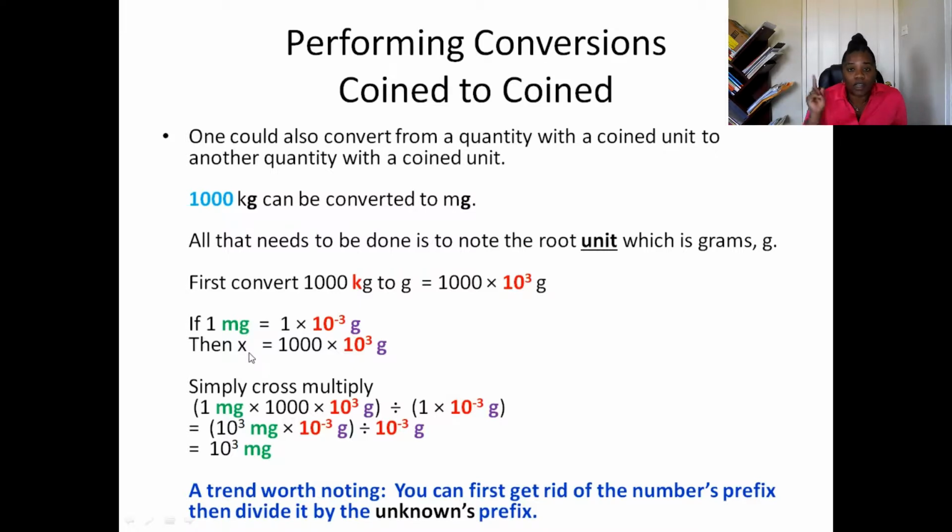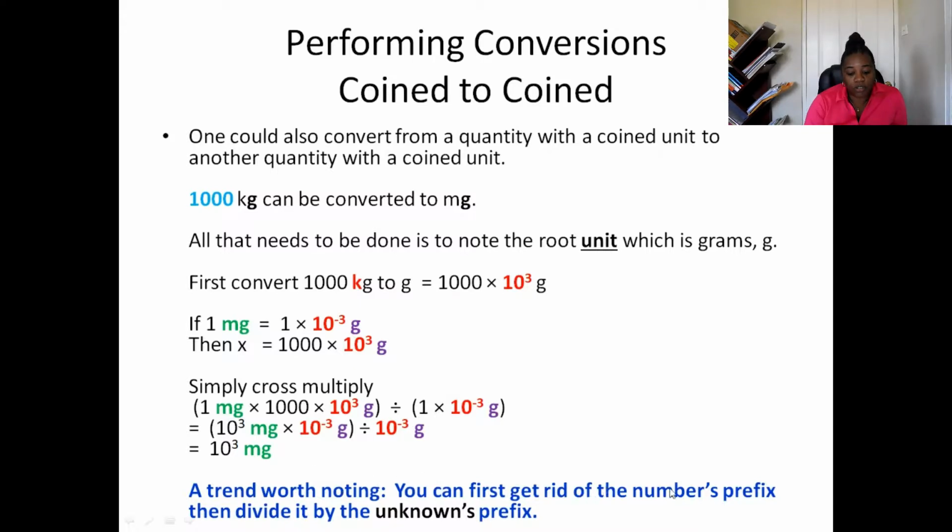So you will climb that ladder with X up here, and then get rid of all the friends. You move this down the slide, and you move this up the ladder right here. And so simple cross multiplication going on, and you'll be left with 10 to the 3 milligrams.